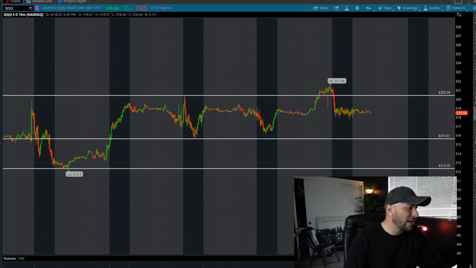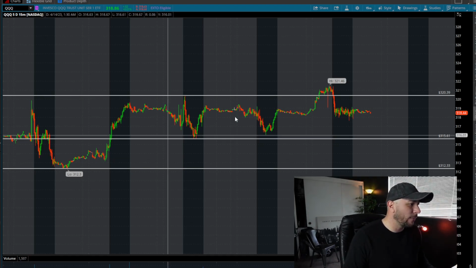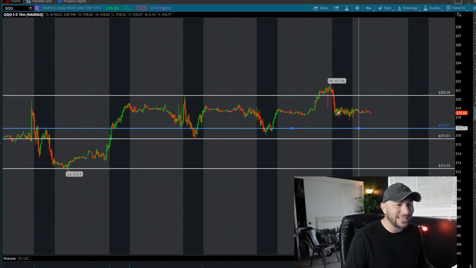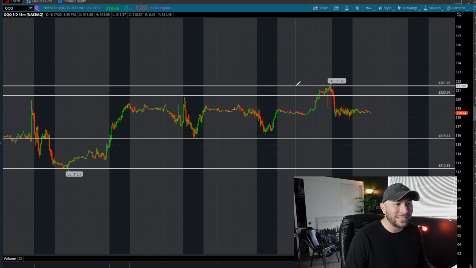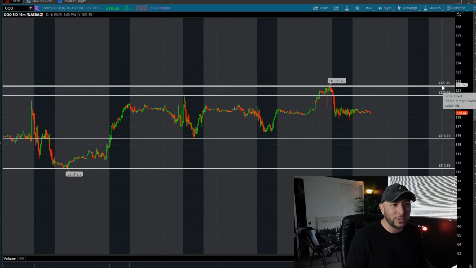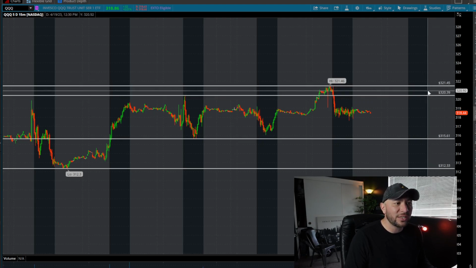So as of right now, going into the rest of this week, these are going to be our big levels. Now, obviously this 321.46 to the top side would need to get confirmed before we take a long position. So this previous supply zone here at 320.39 all the way up to 321.45, consider this area a zone that you want to avoid, right?